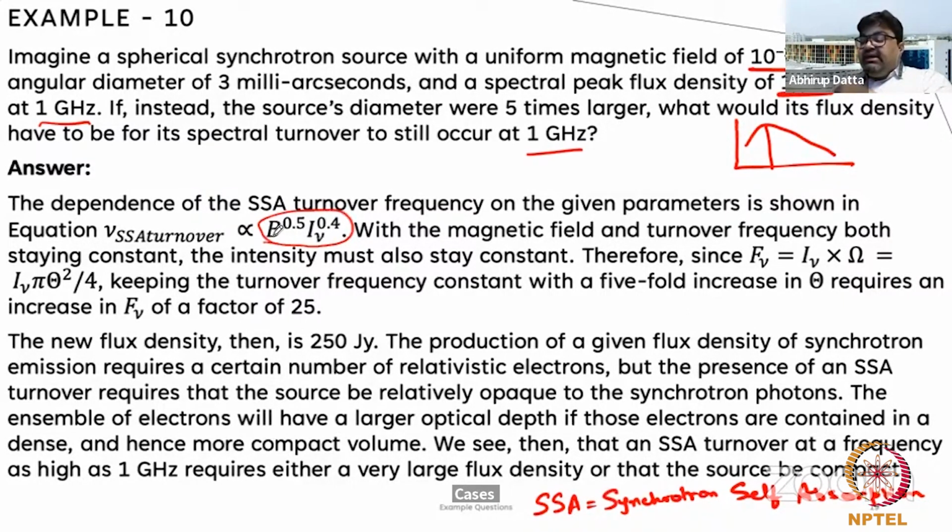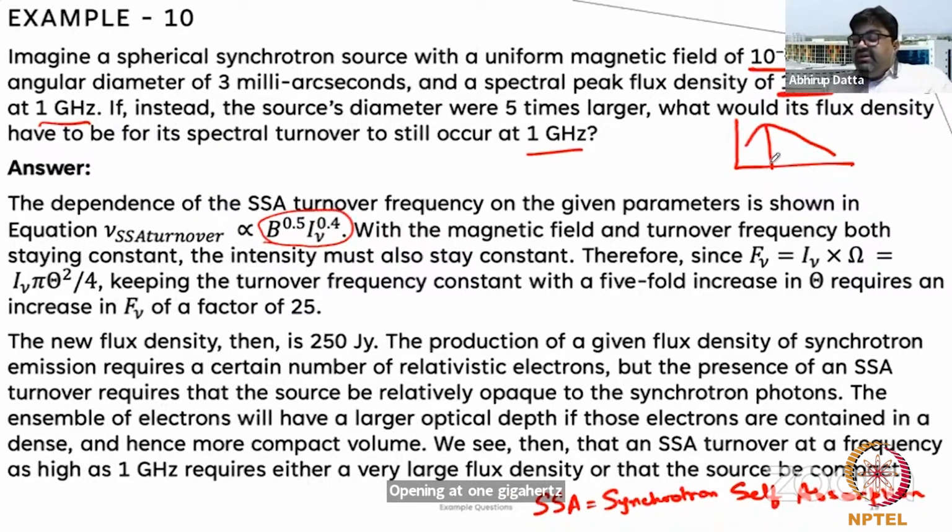Let us go back again and look at the question, what was asked. So a spherical synchrotron source, uniform magnetic field, B is given. Angular diameter is given to be 3 milliarc-seconds. Spectral peak flux density is given 10 Jansky, occurring at 1 gigahertz.